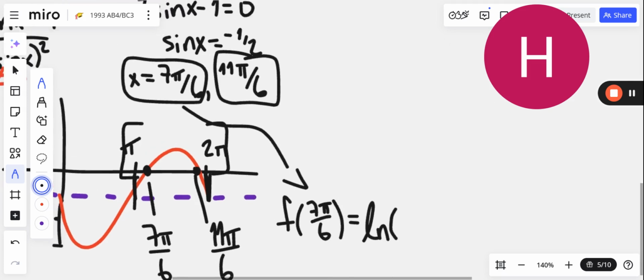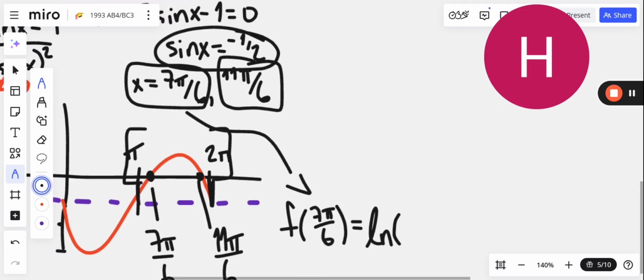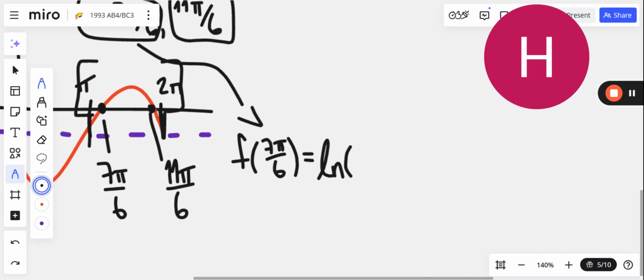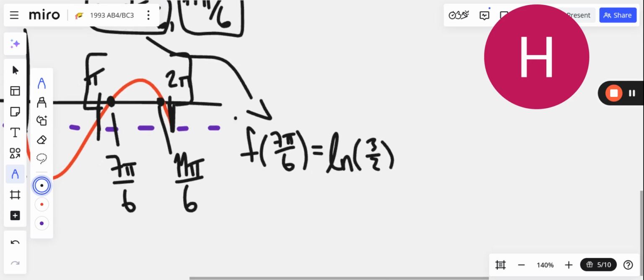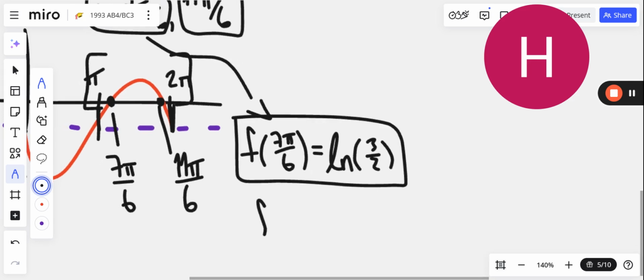Sine of 7 pi over 6 is negative 1/2. So this is just 2 plus negative 1/2, or 2 minus 1/2, which is ln of 3/2, kind of the best we can do there. That's the value. And similarly, the value at 11 pi over 6 is also going to be ln of 3/2.